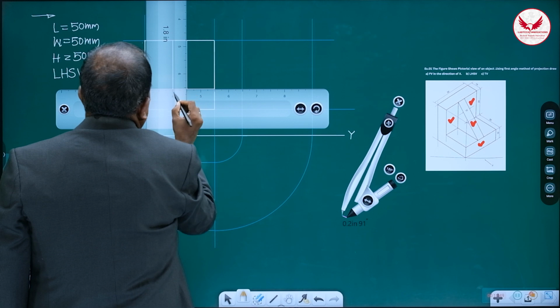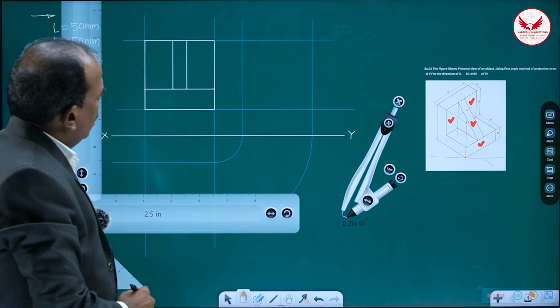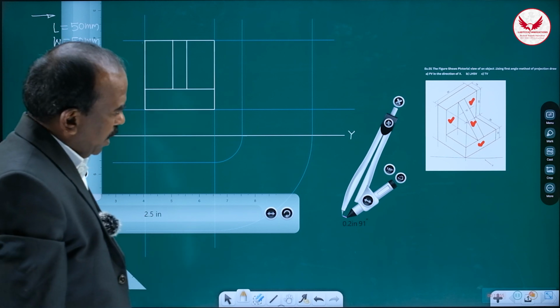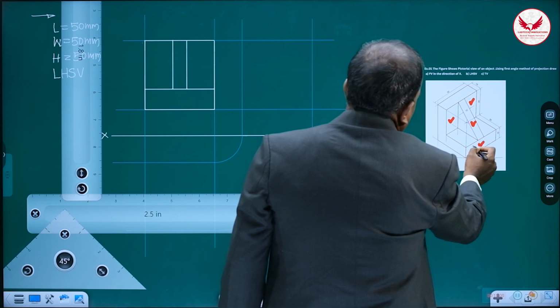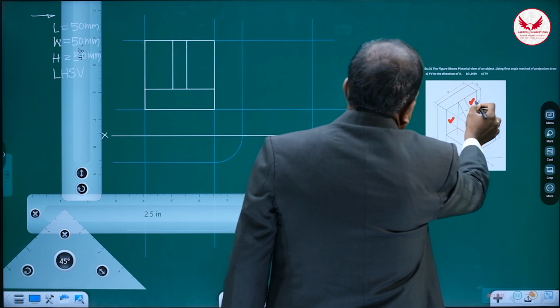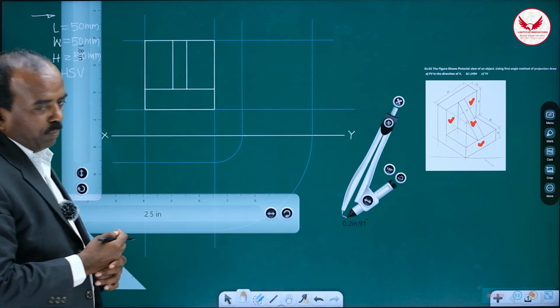This is 10. So whatever this object is, in the frontal direction you will find these 4 rectangles, 1, 2, 3, 4. And see 1, 2, 3, 4. So this is the front view.